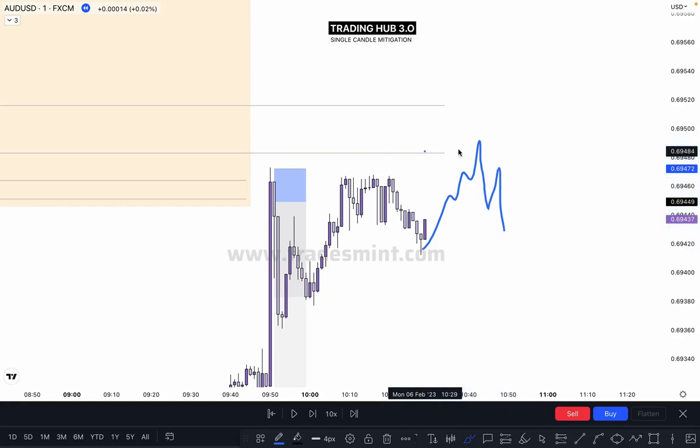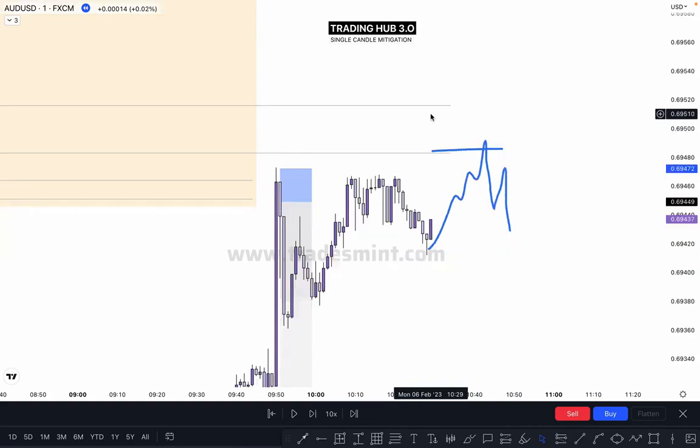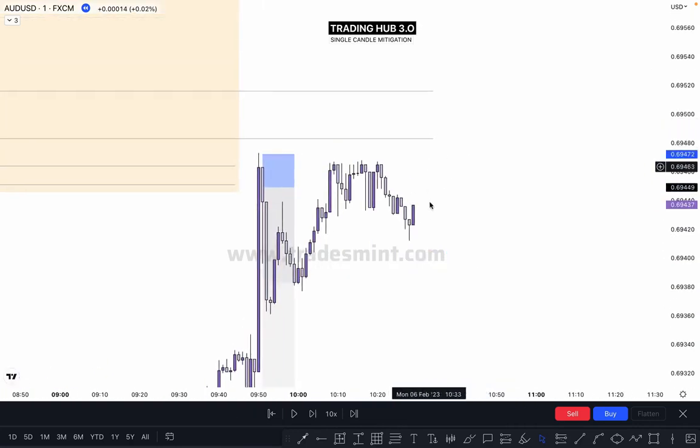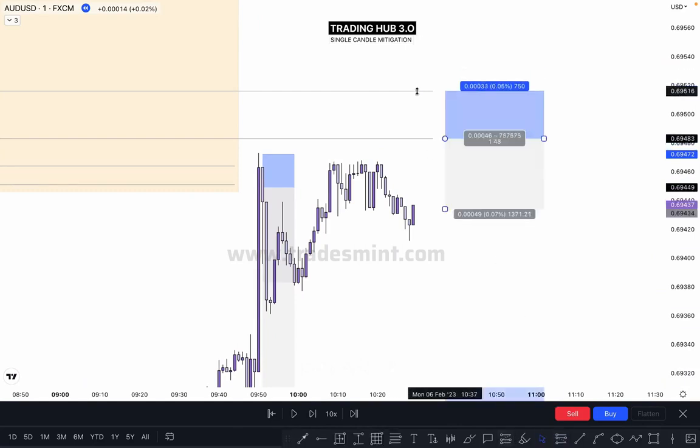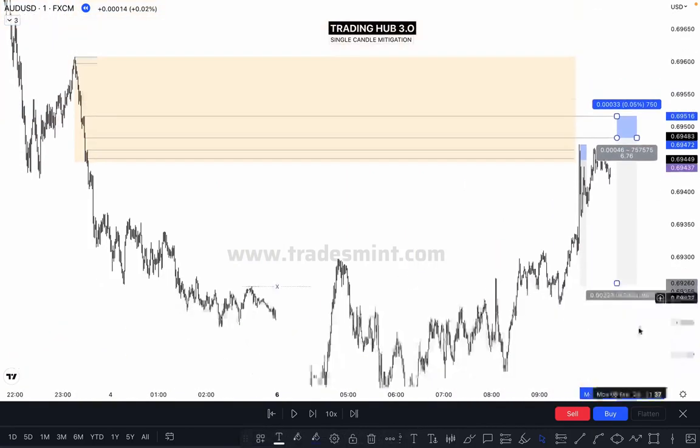If you are willing to sell here directly, and for example this is the only POI you have, then how can you sell here? In that case, you can directly sell at this price, simply place the sell limit here, put the stop loss just above it, and target the 15-minute low, which is here, correct?